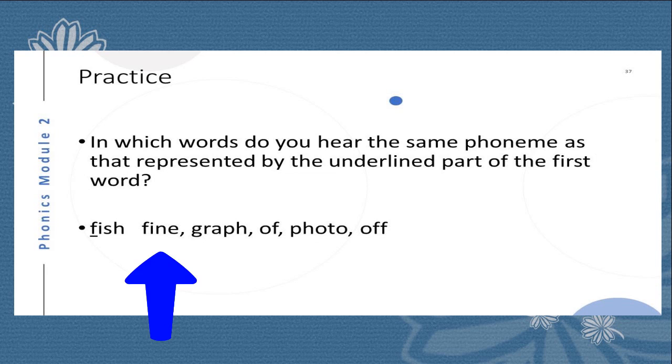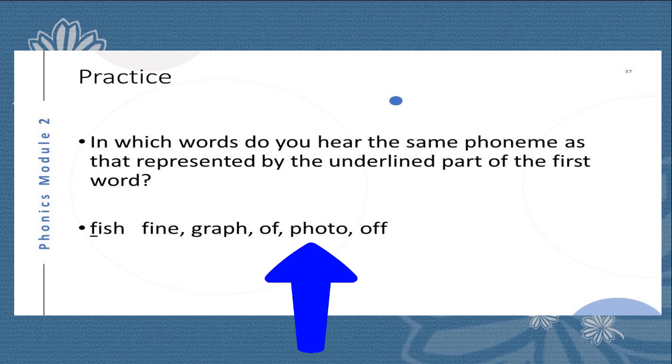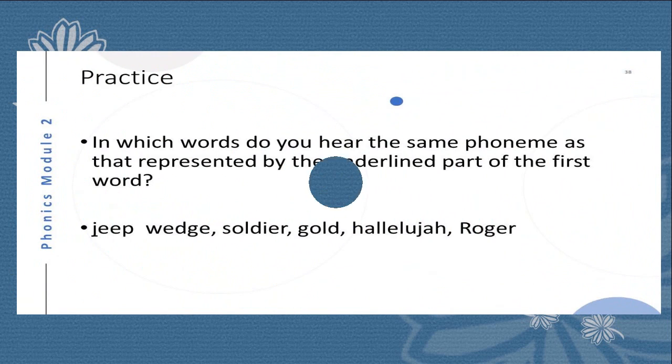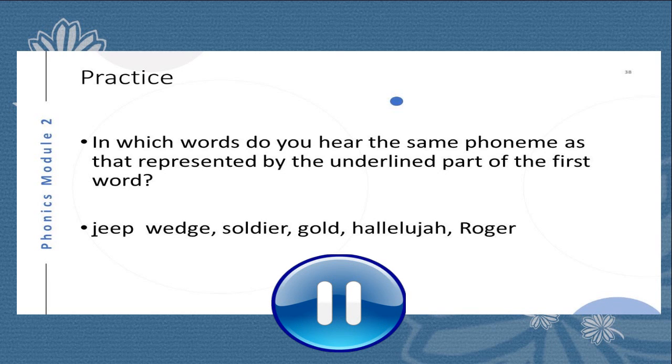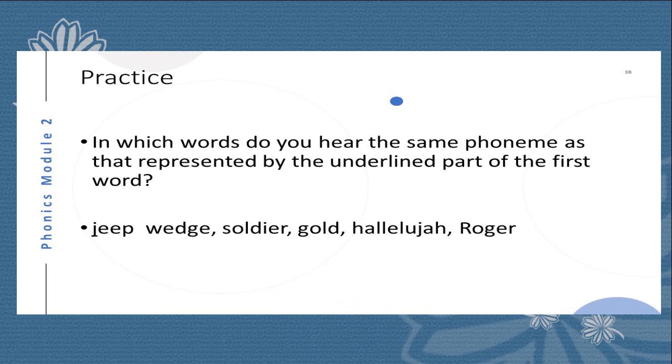They are fine, graph, photo, and off. In which words do you hear the same phoneme as represented by the underlined part of the first word? There are 3 correct answers. They are wedge, soldier, and Roger.